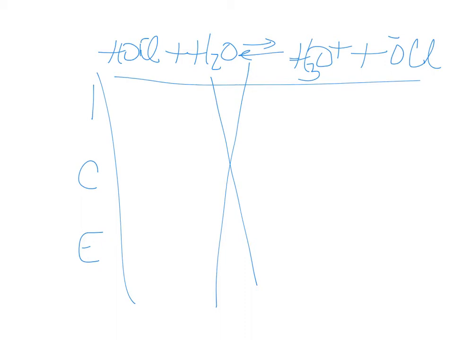The initial concentration of hypochlorous acid is 0.50, and as always, assume the initial concentration of the products are 0 unless you were told otherwise. The other piece of information given in this problem is the pH.